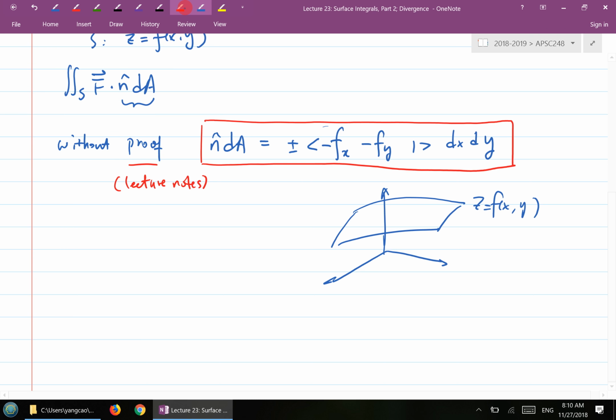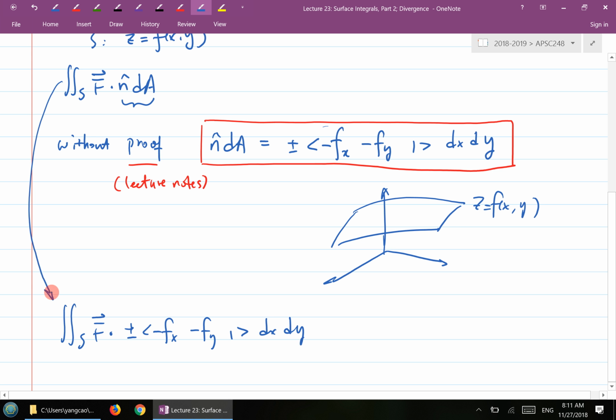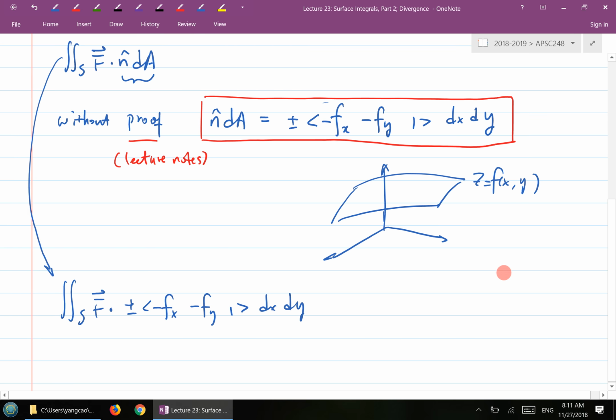So your original surface integral will become F dot n hat dA, which is this whole chunk right here, positive or negative, negative fx, negative fy, and 1, dx dy. So this formula will become this one here. Positive or negative depends on the question. The question will give you hints whether you use a positive or a negative here.